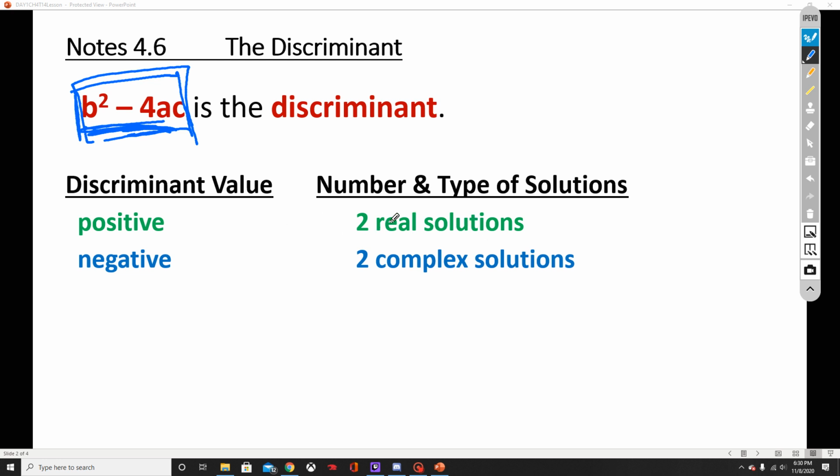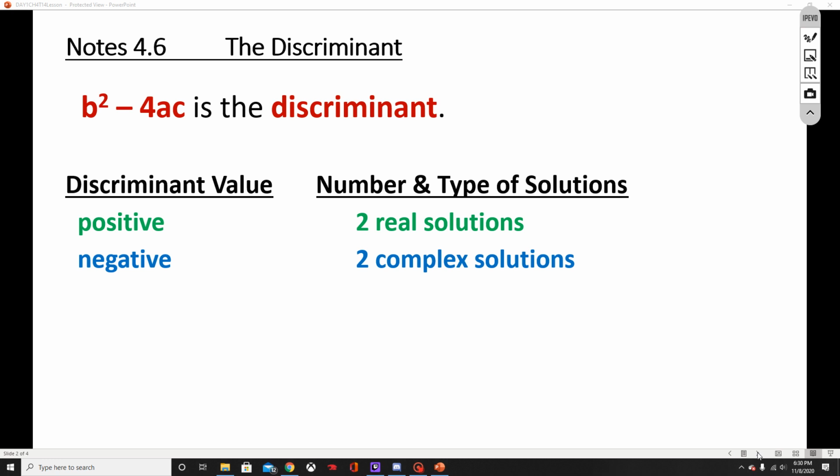That should make sense, because when you take the square root of that and it's positive, then it's a real number. And if that value is negative, then you have two complex solutions. That should make sense, because if it's negative, then it's going to be imaginary, which means our solutions would be complex, both a real part and an imaginary part. So that's called the discriminant. That can help us determine what types of solutions we have.